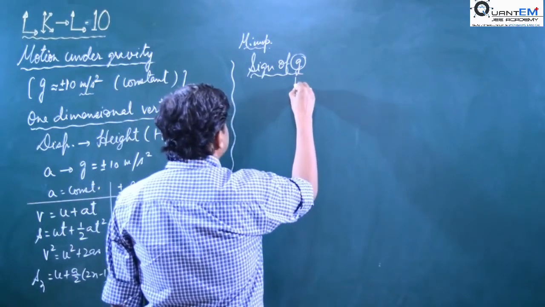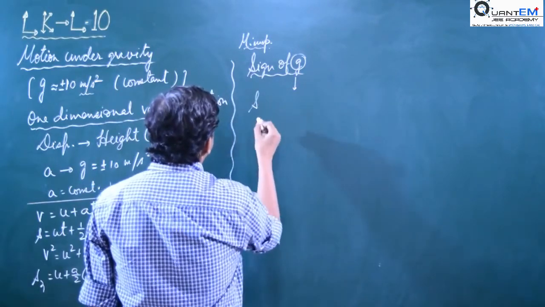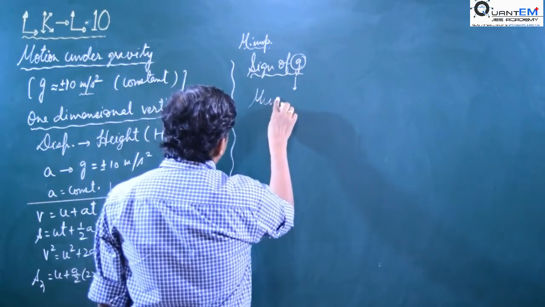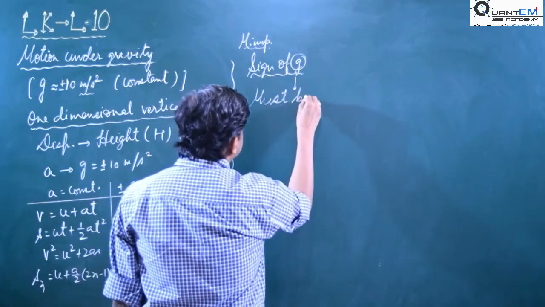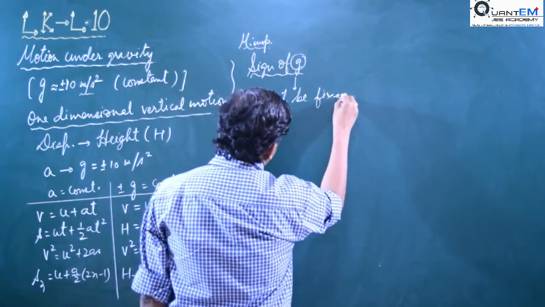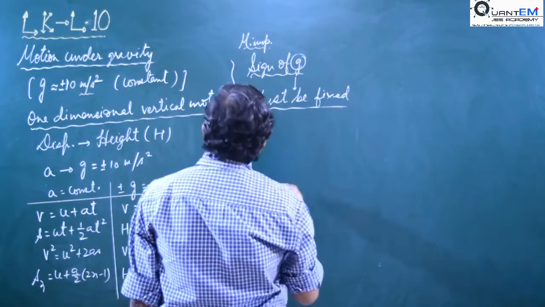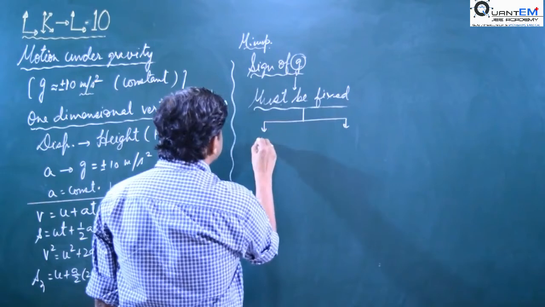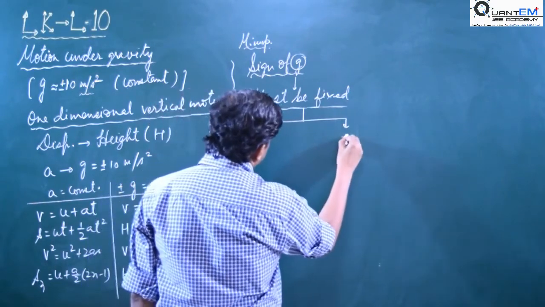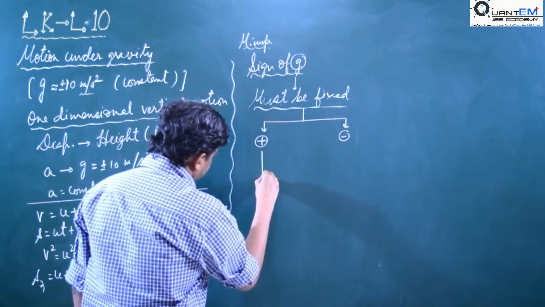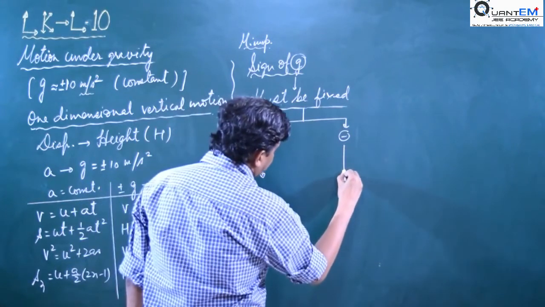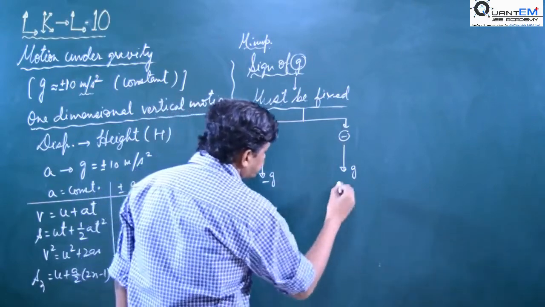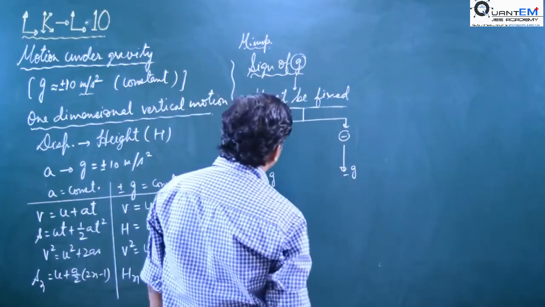So the sign of g must be fixed. Fixed means either you take it positive or negative. Here g is positive, here g is negative.